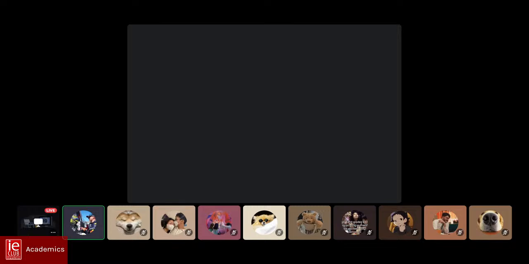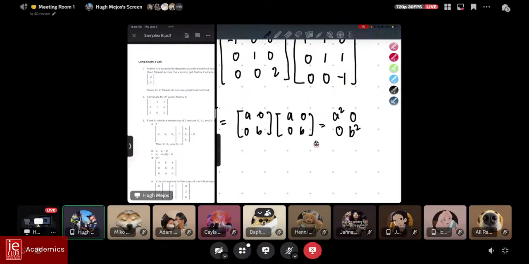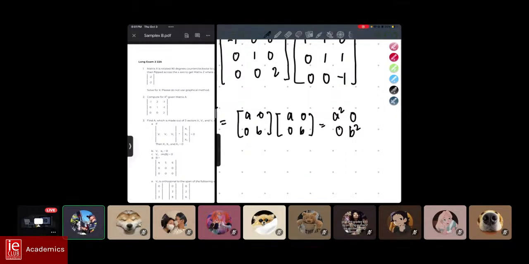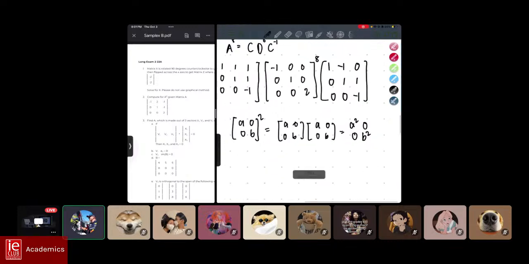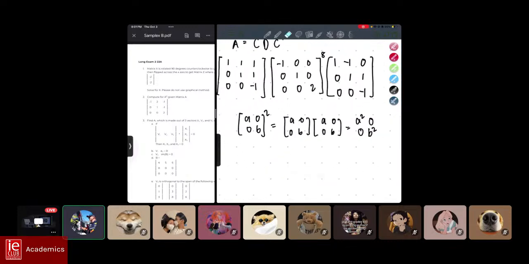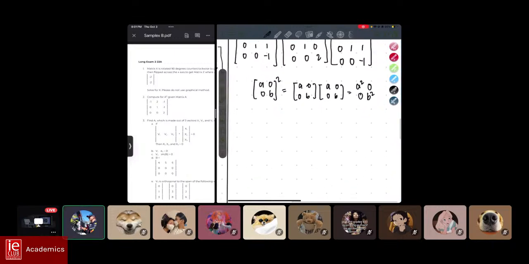And then multiplying this and this, you get B squared. So actually, when you exponentiate a diagonal matrix, parang pwede mong i-distribute sort of yung exponent. So that's why we prefer this method to just manually exponentiating. Kasi otherwise, sobrang hirap niya gawin. I'll keep that there for future reference na lang.